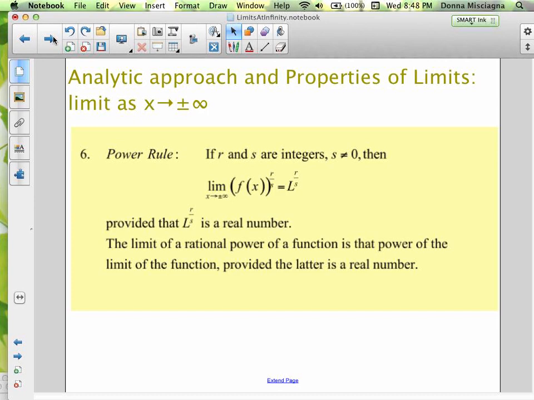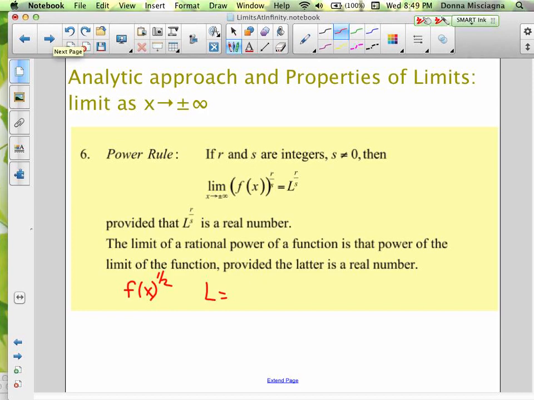So in other words, let's say we have f of x raised to the 1/2 power, right? And let's say L here, the value of the limit, is equal to -6, right?